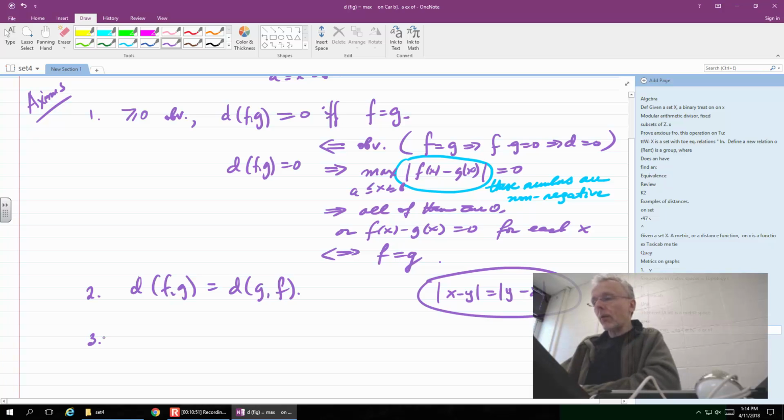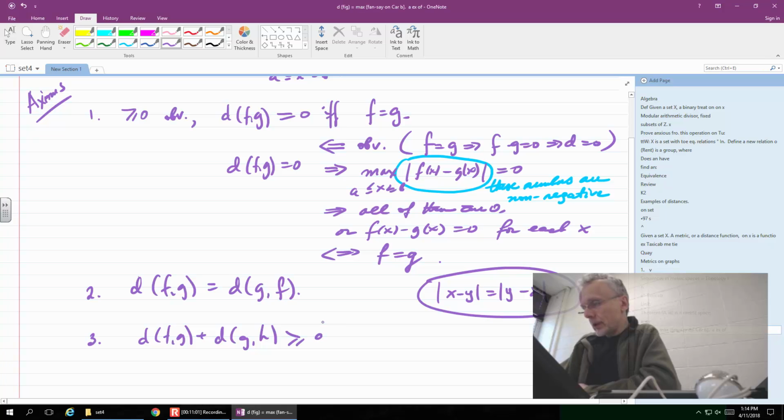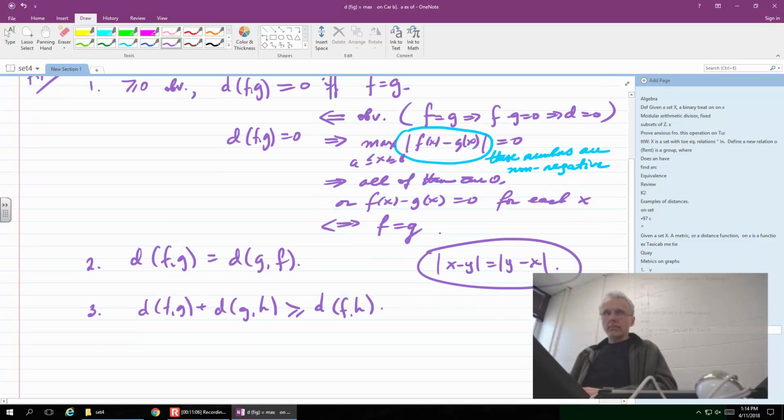Number 3, the triangle inequality. That is slightly more challenging. So d(f, g) plus d(g, h) larger than or equal to d(f, h).